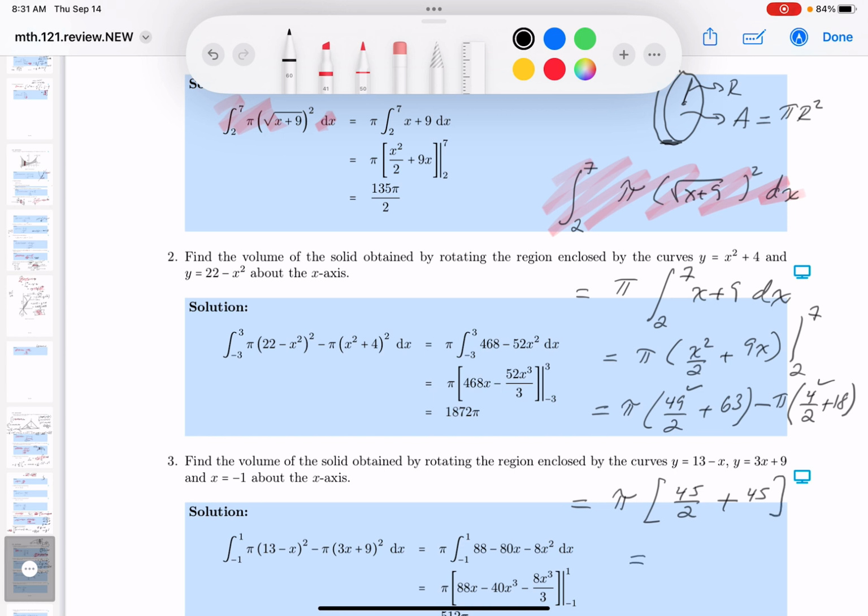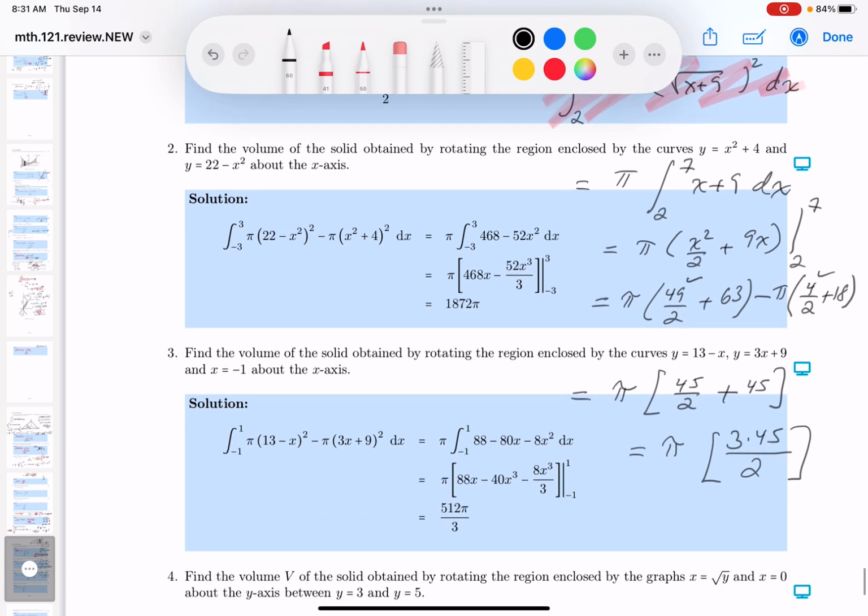I can do the arithmetic. And what do you get there? You get pi. Certainly you get halves. And then what would it be? It'd be 1 plus 2, 3 times 45. 3 times 45 is 135. So 135 pi over 2 is the volume we just computed.